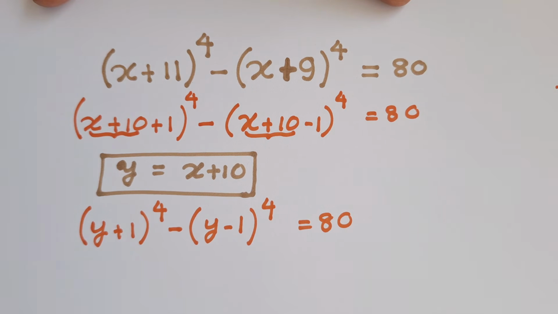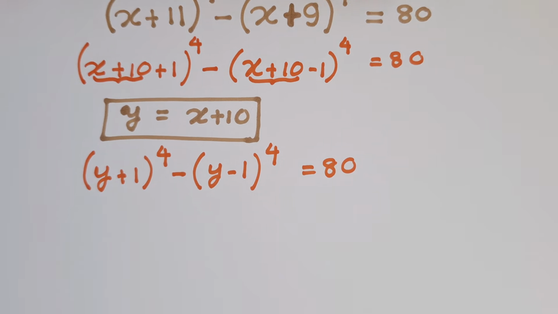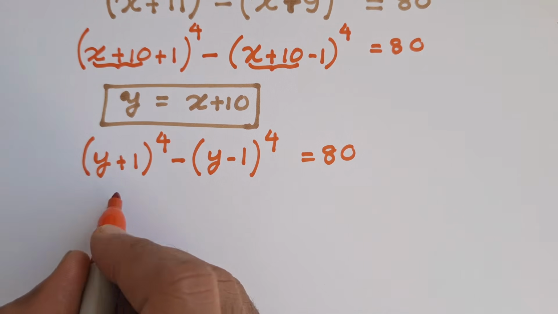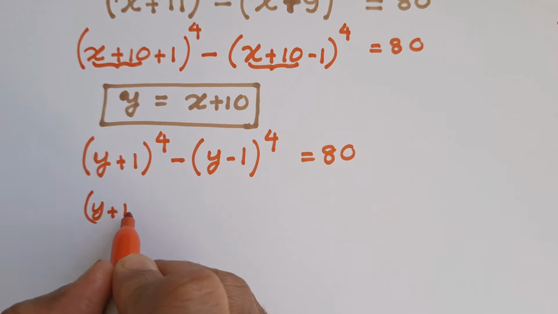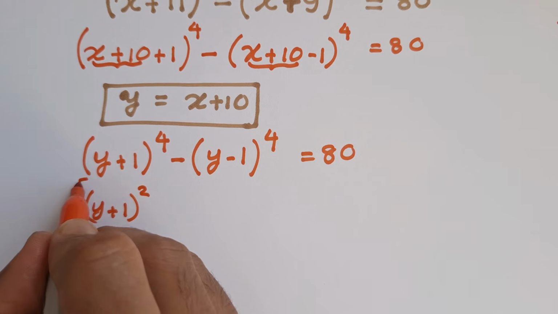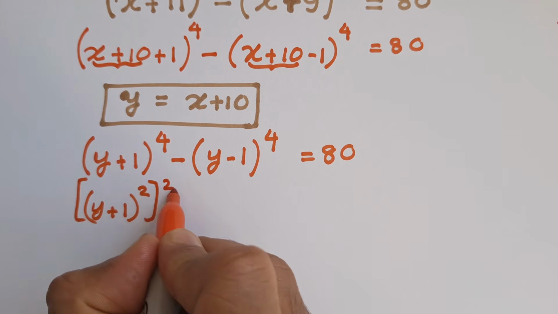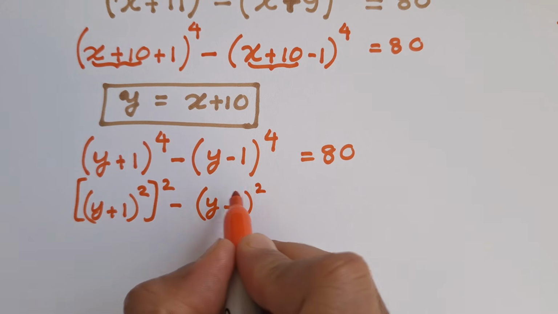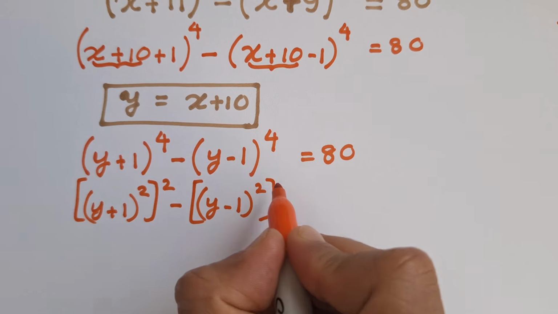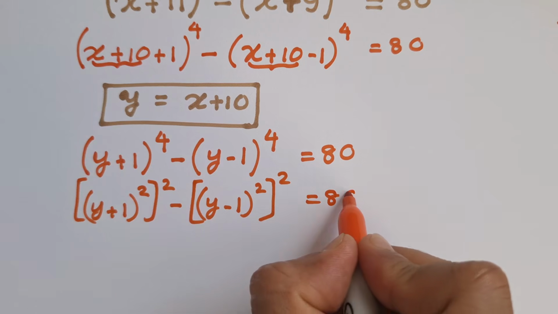Now I'm going to rewrite the equation as ((y + 1)^2)^2 minus ((y - 1)^2)^2 is equal to 80.